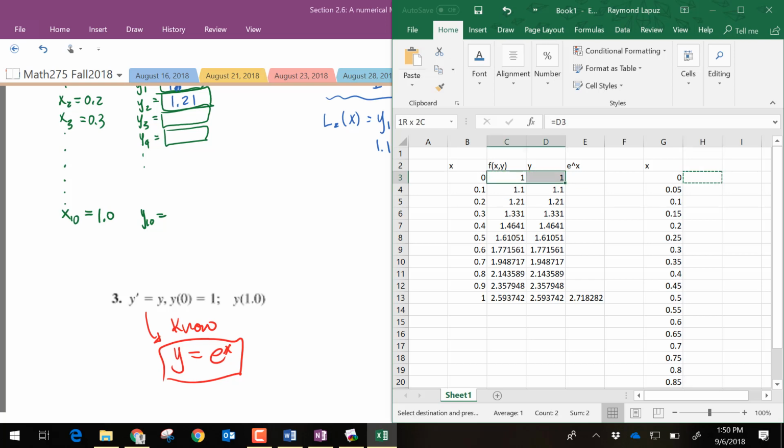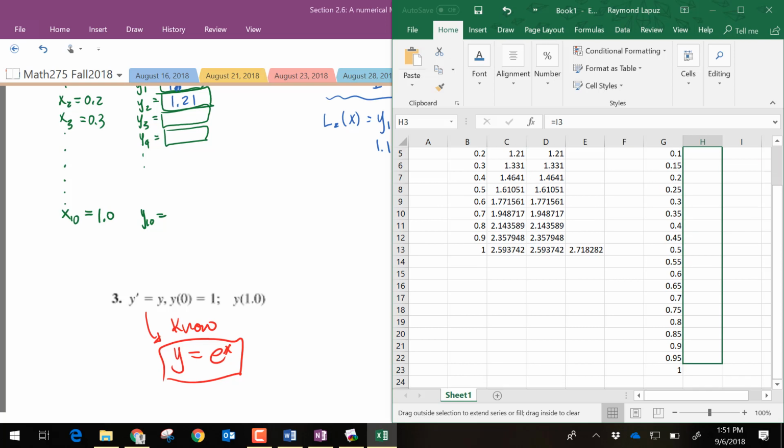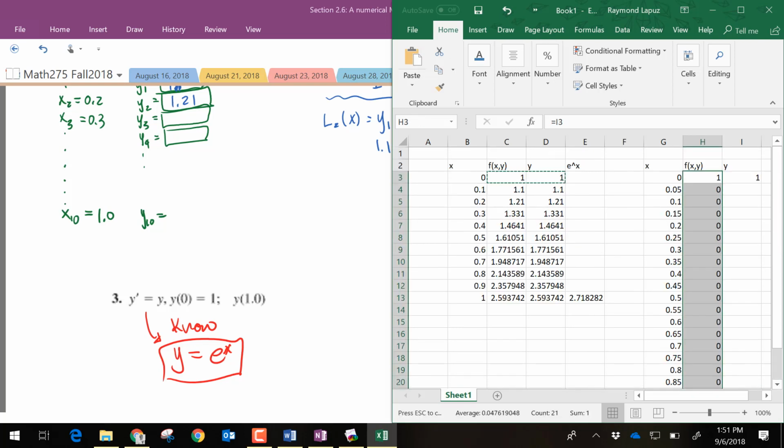Oops, cutting and pasting. So f of x, y, and then these are your y values. And then this is always going to be y. So remember, when we started this off, it all started off with 0 until we figure out what y is equal to. So what was it again? This is y sub 0 plus the step size.